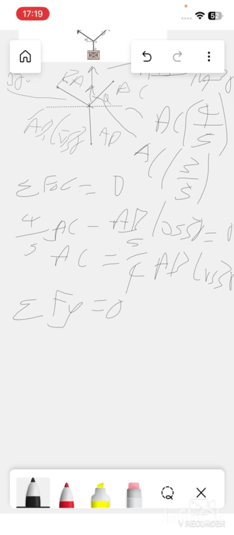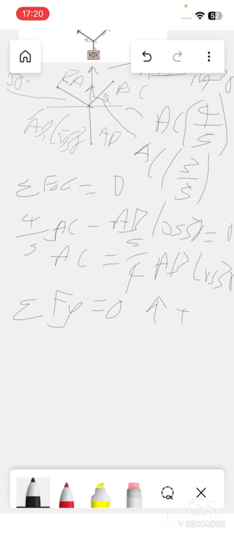We take up as positive. We know a force is a vector, so it must have a magnitude and a direction. So we take up as positive.